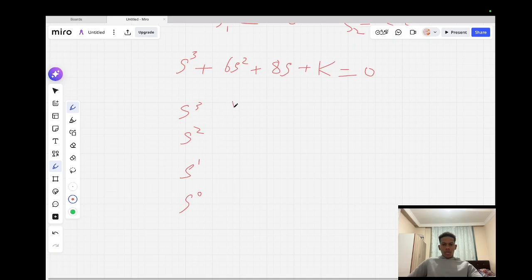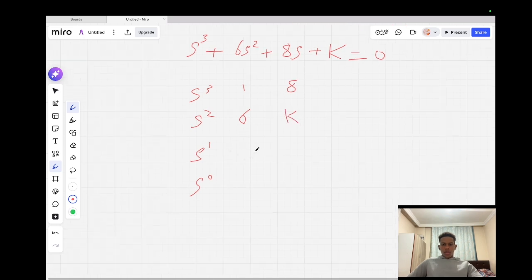Here we have 1, 6, 8, and k. So here we have 6 multiplied with 8, it is 48, minus k multiplied with 1, over 6.